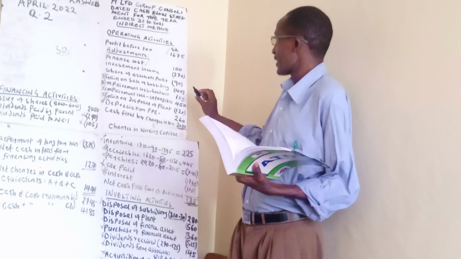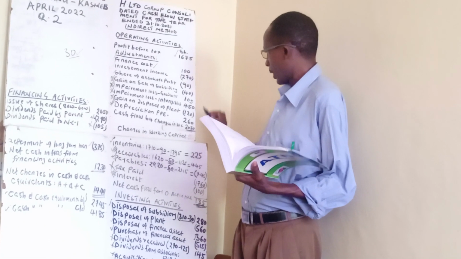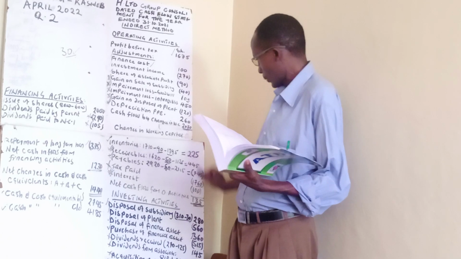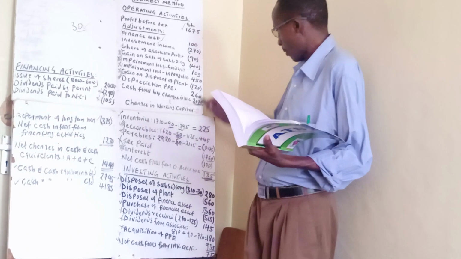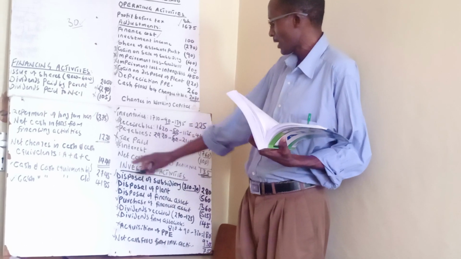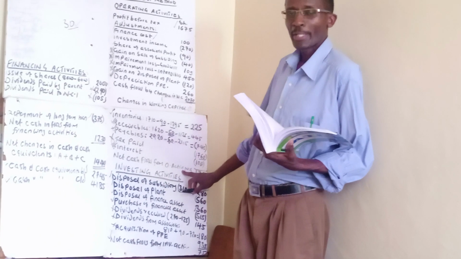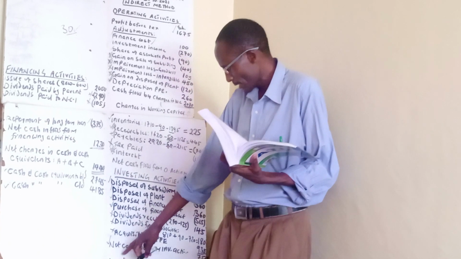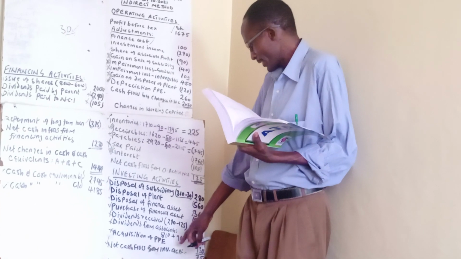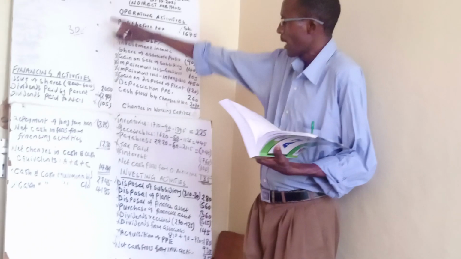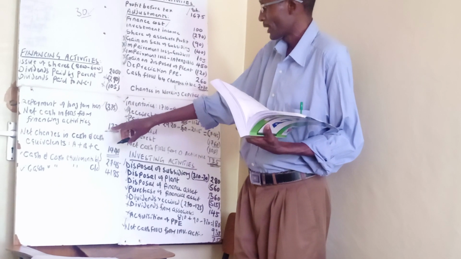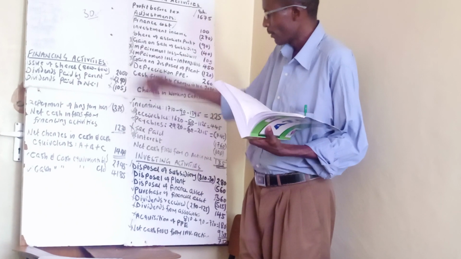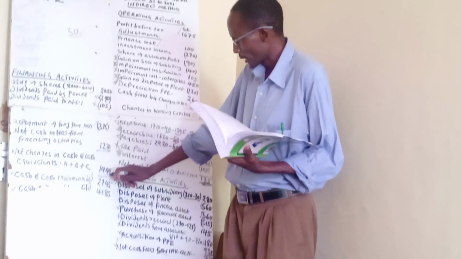So our final answer should be 135 plus 75. Remember, 135 is net cash inflow from operating activities, plus net cash inflow from investing activities, 75, plus cash inflow from financing activities, 1230. Then we get 1440.